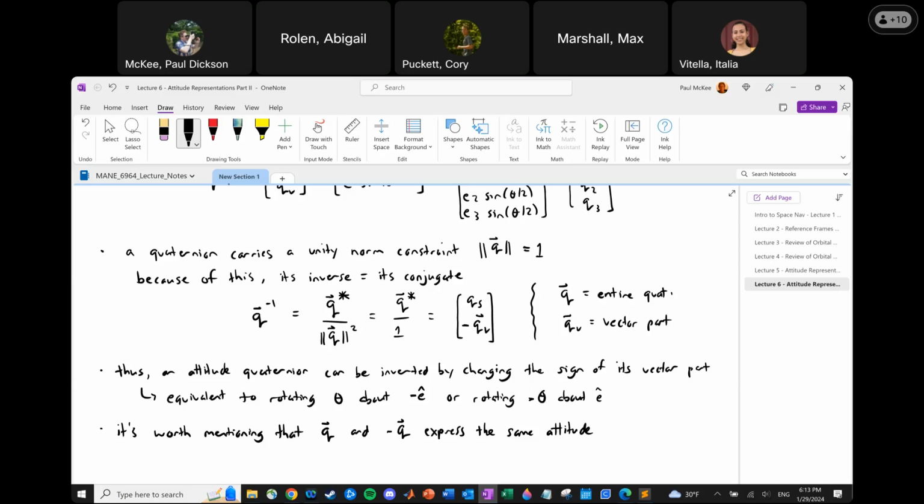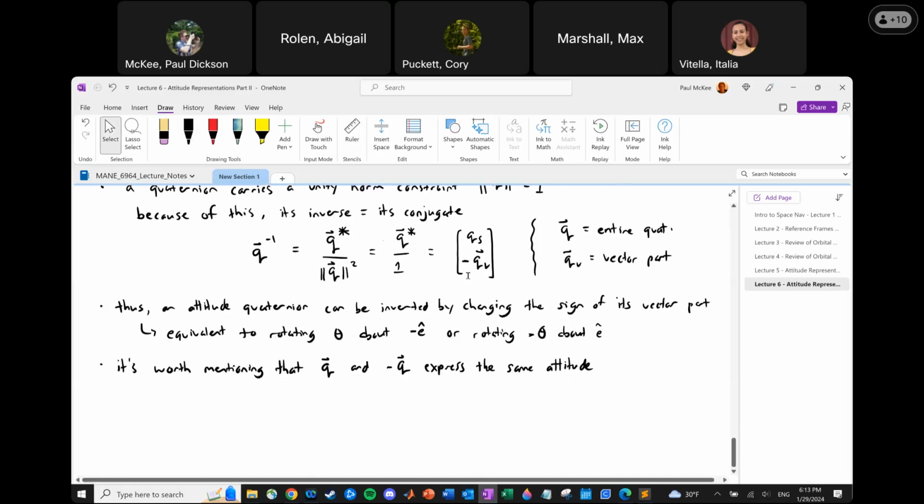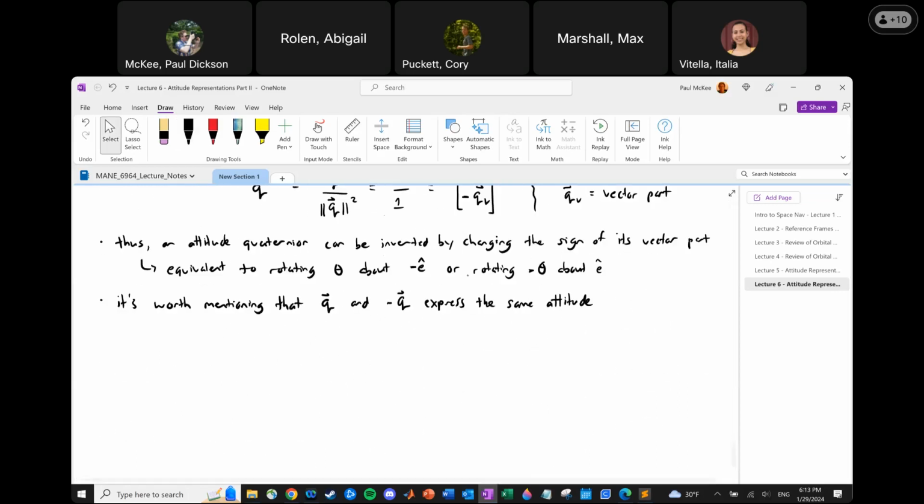You think, oh no, something's gone wrong. But then you see that all 4 minus signs are flipped. You're like, oh, never mind. We're back to where we started. If you flip the sign of all 4 elements, you're right back to where you started. And so you could think of this as equivalent to rotating negative theta about negative E, which is a double negative. So you're right back to where you started.